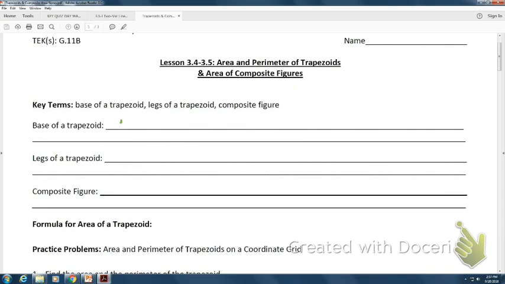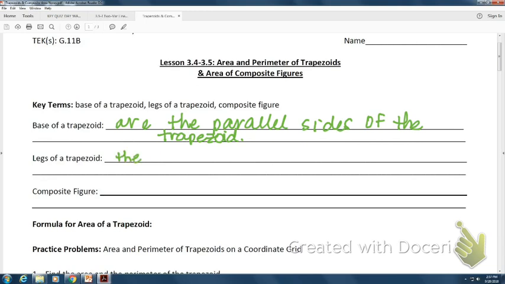So the bases are the parallel sides of the trapezoid. Okay, that makes the legs of a trapezoid the non-parallel sides.